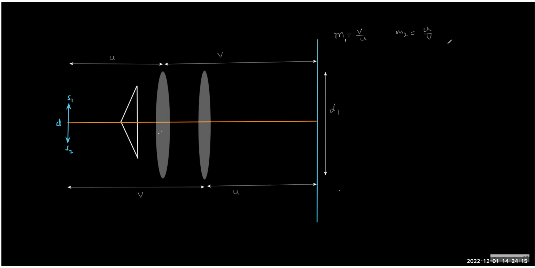U by V, right? And in that case, you're going to obtain a diminished image, something smaller.